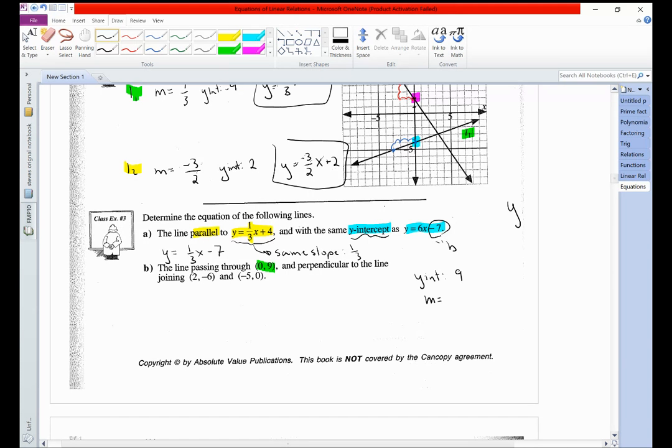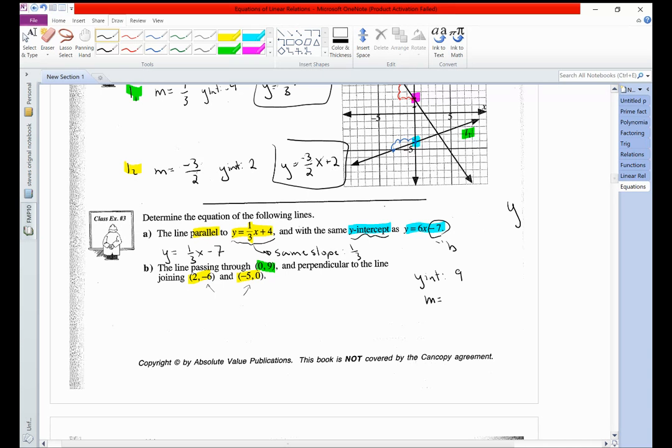And the clue they give us here that we can use to find the slope is that we're looking for a line that is perpendicular to the line that joins these 2 points. So what we want to do is find the slope of the line that joins these 2 points, and then we'll take the opposite reciprocal.